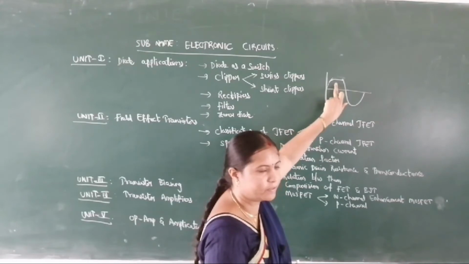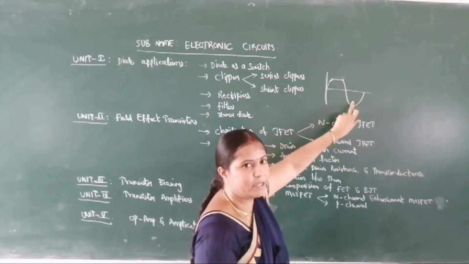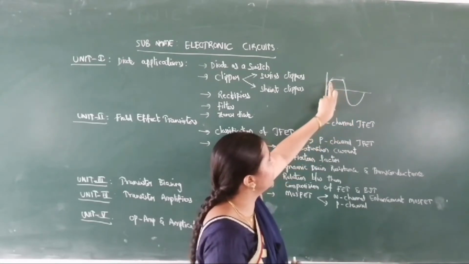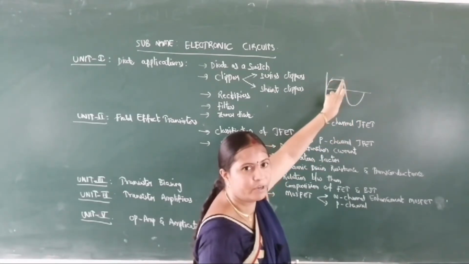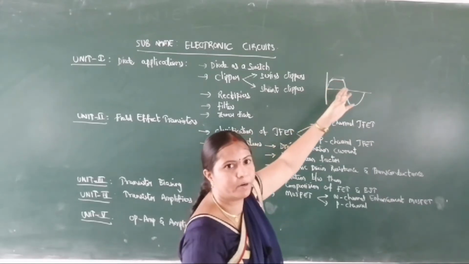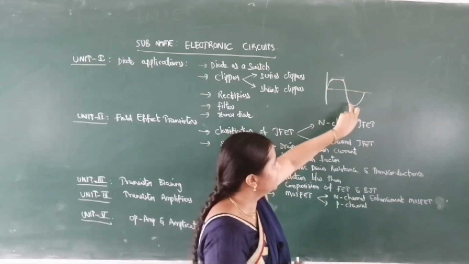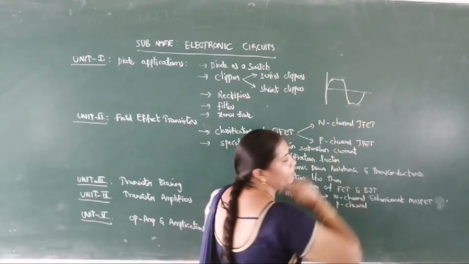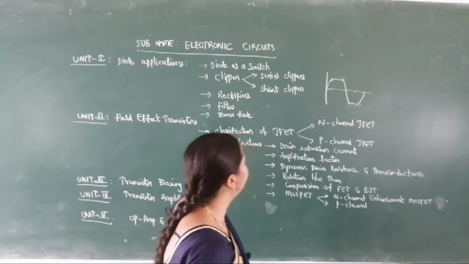This is the positive half cycle and this is the negative half cycle. Here we cut some amount of the portion in the positive half cycle. So that is nothing but a positive clipper. If you want to reject the negative half cycle like this, it is a negative clipper. We can say it as negative clipper.